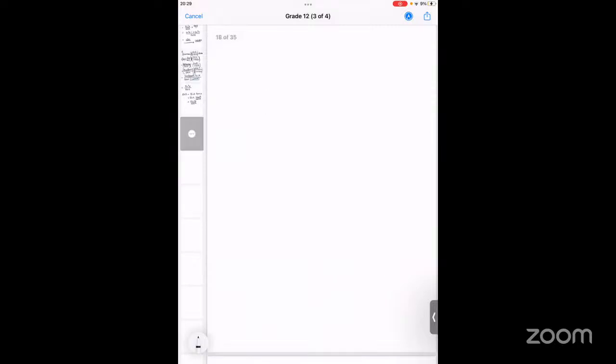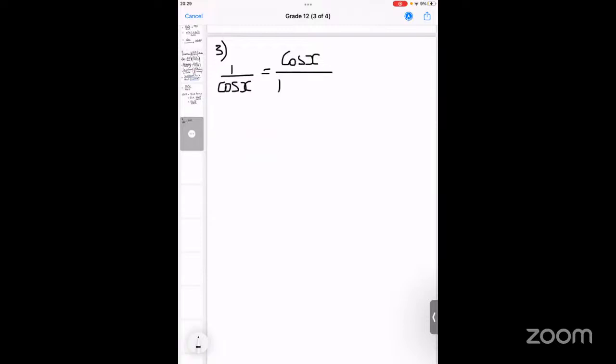So, okay, let me quickly give you this one. This is number 3: 1 over cos x is equal to cos x divided by 1 plus sine x, plus tan x.